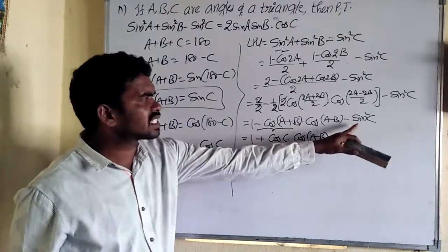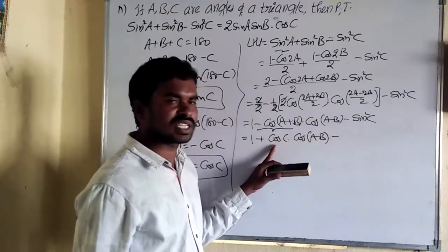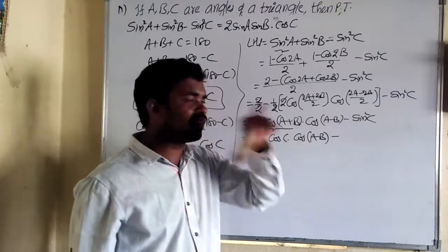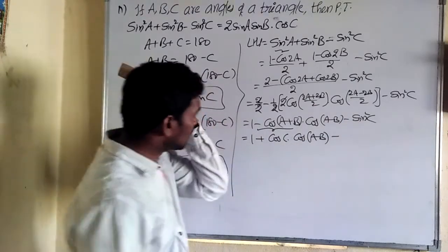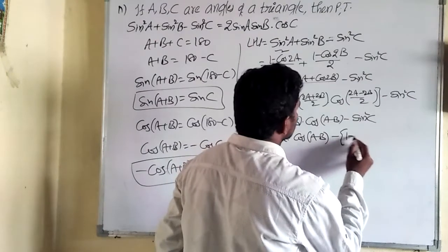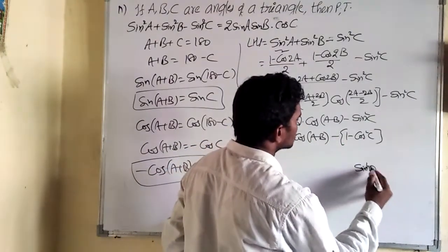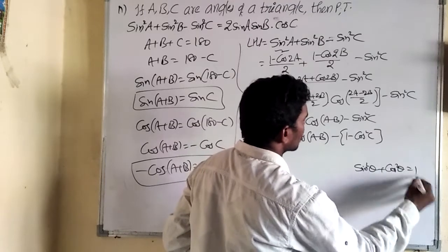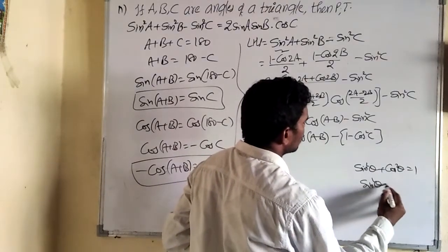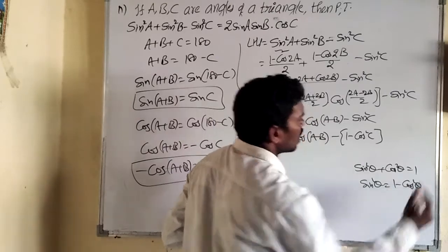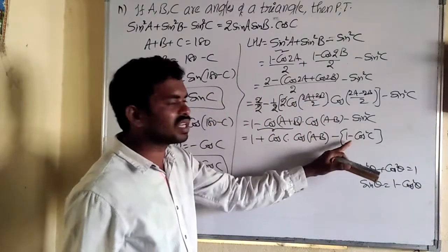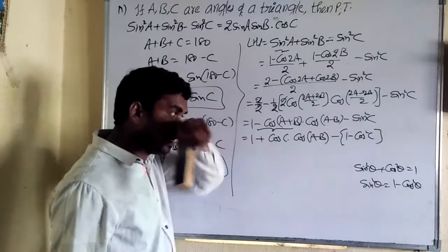See, sin square in terms of cos c. So sin square we can express in terms of cos, that is 1 minus cos square theta. Okay? Because from the first identity sin square theta plus cos square theta equals 1, then sin square theta equals 1 minus cos square theta. So sin square c means 1 minus cos square c. Okay.